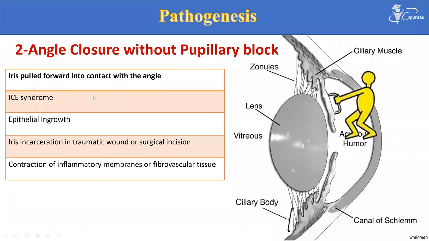No, in all these mechanisms, the iris will be pulled anteriorly in order to occlude the angle, not posteriorly. If it is pulled posteriorly, it will open the angle. It will be something that we will be happy with.